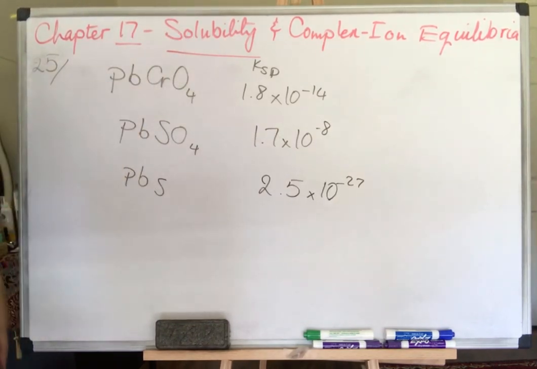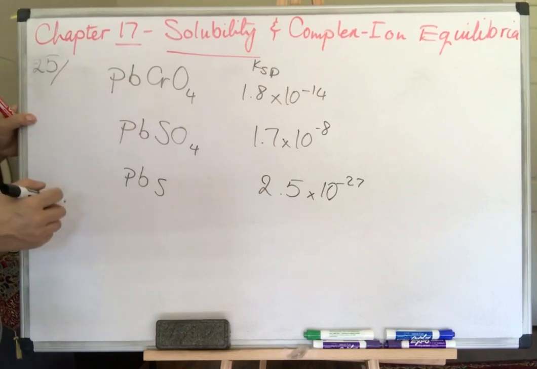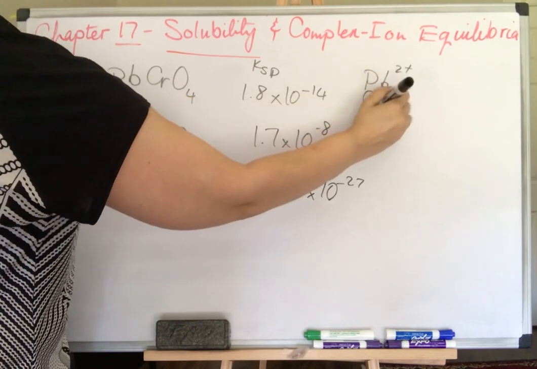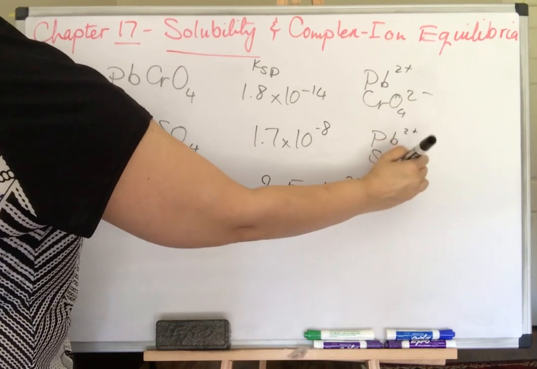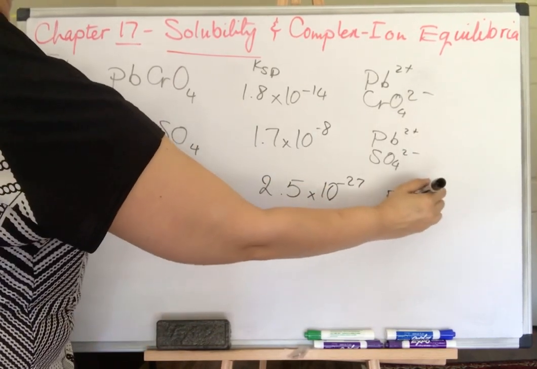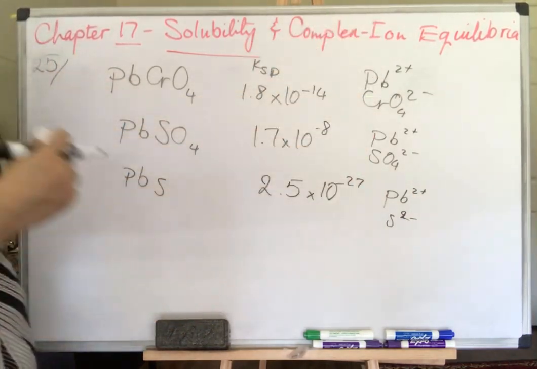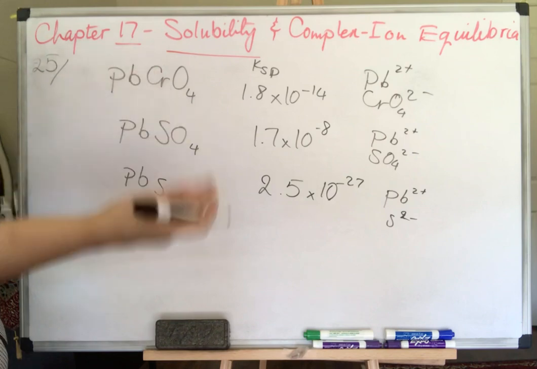The question is asking which of the following lead(II) compounds would yield the greatest number of lead(II) ions. If each of them changes to lead(II) and the anion, here we have Pb and CrO4, here we have Pb and SO4, and here we have Pb and S. Which one forms the greatest number of Pb ions means which one dissolves better, which one has a better solubility.